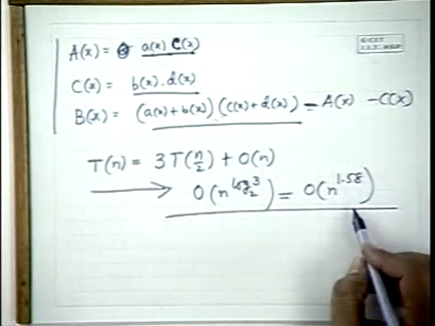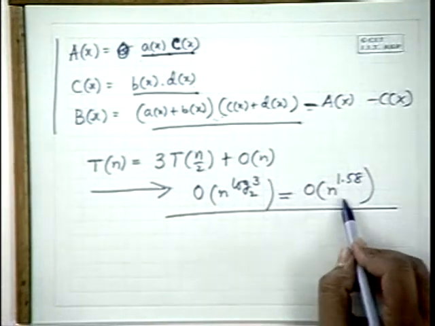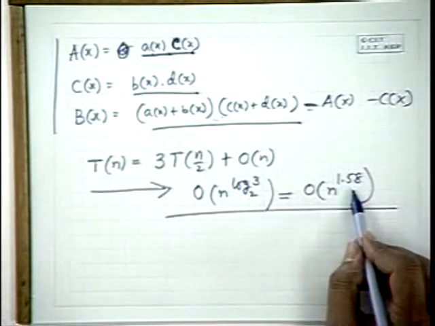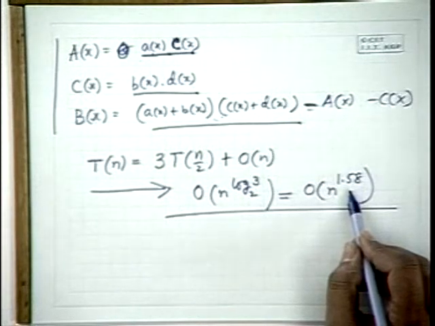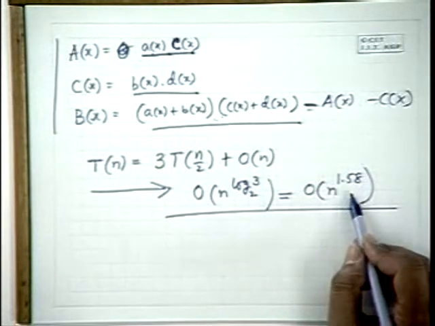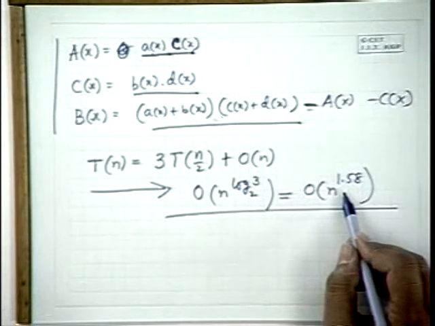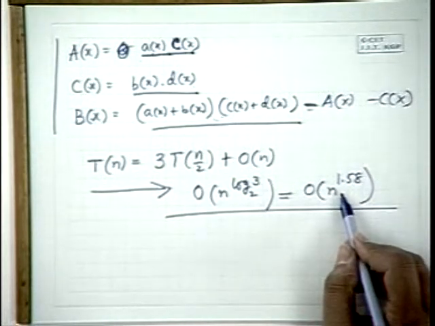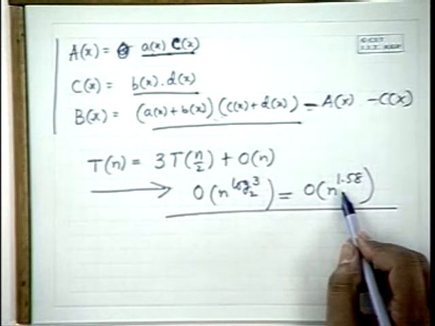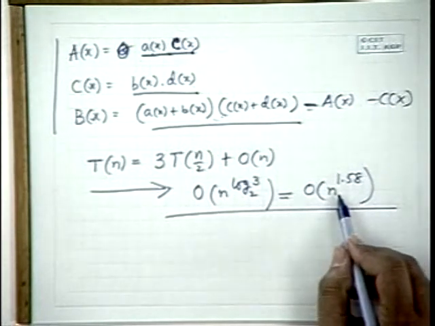So suddenly now you have gone down from n square to n to the power 1.58. It is less. It is something like n root 10 almost, a little bit more than that. But you have reduced the total complexity now.